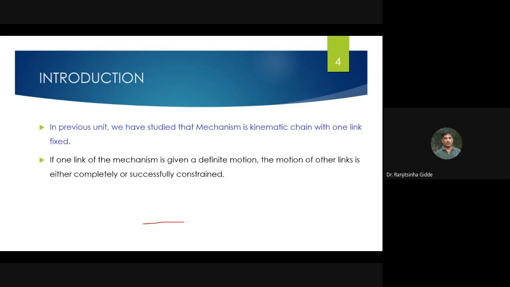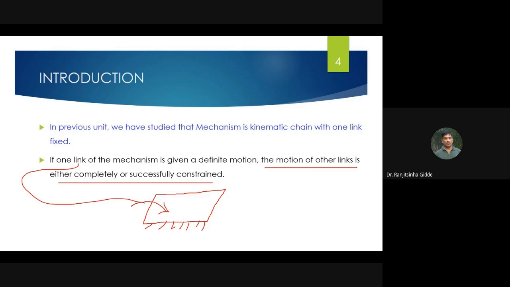So this is simply a 4-bar mechanism. If this link is fixed and this link, this is nothing but one link, it has a definite motion, and the motion of other link is either completely or successfully constrained.